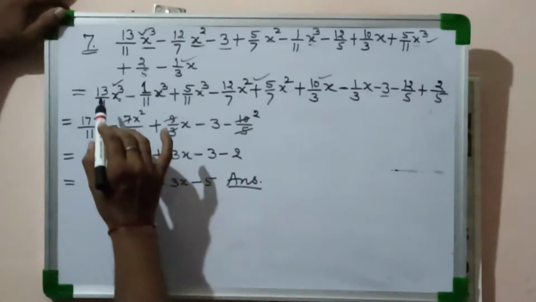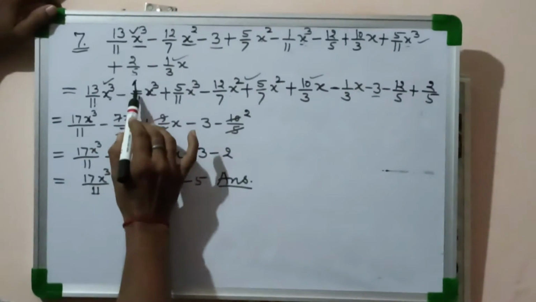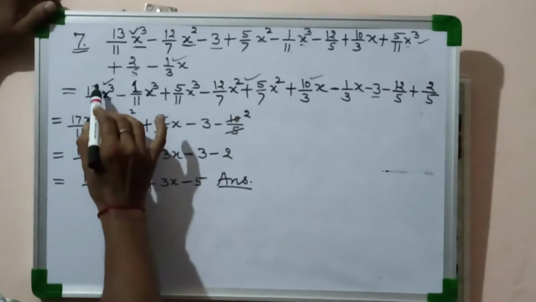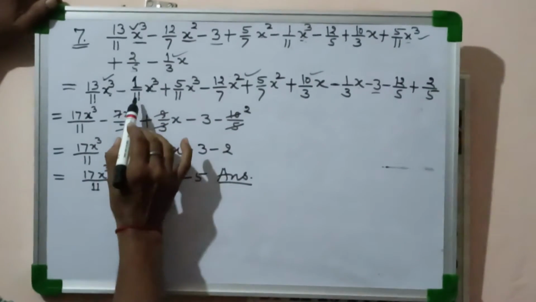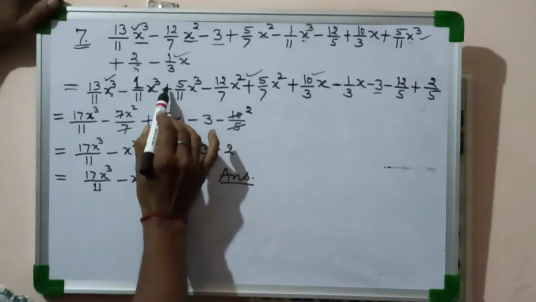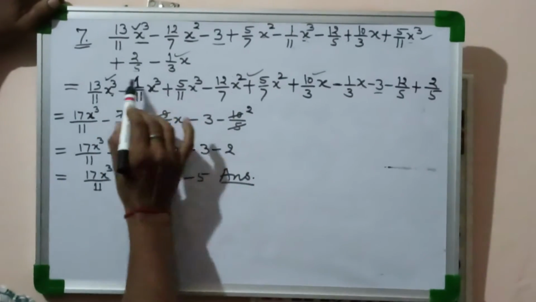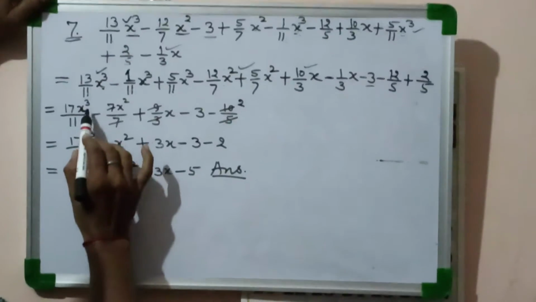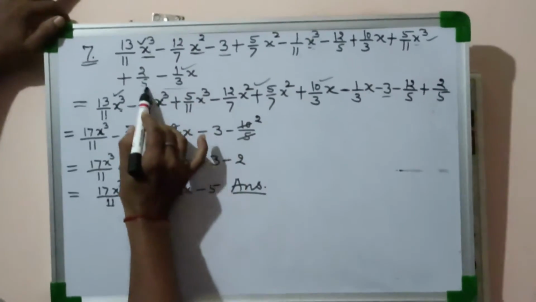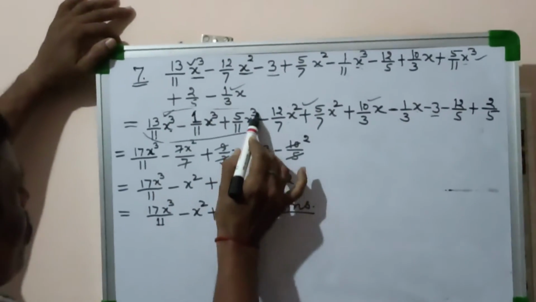Now 13 upon 11 minus 1 upon 11. 13 minus 1 is 12, 12 upon 11 plus 5 upon 11, 12 plus 5 is 17 upon 11 x cube.